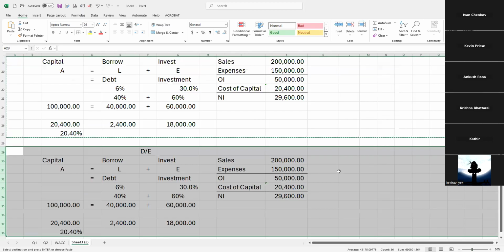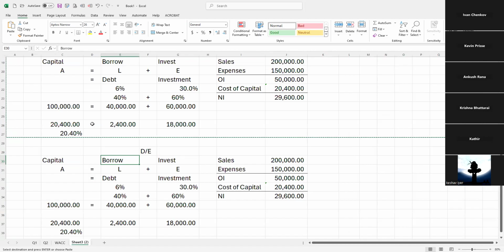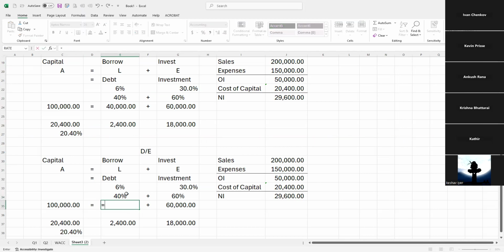That's the whole idea. Let's stay with this scenario now. So you can see here, if I borrow 40% of my capital and if I invest 60%, that will be my cost of the capital. Let's change this structure. So let's put some formulas so we can make it interactive. This one times this one is going to give you 40%. And in this case, this one times that one is going to make 40%.